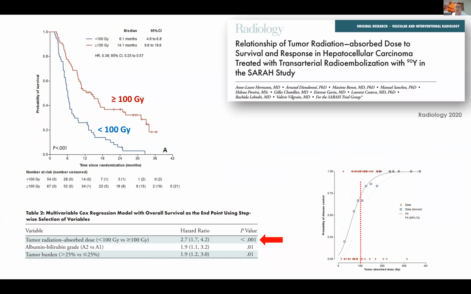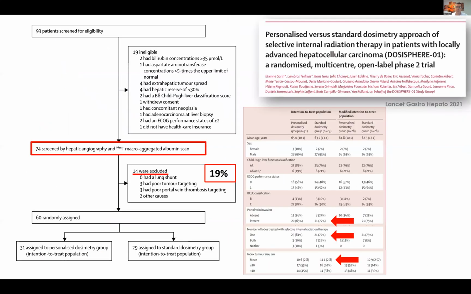So dose matters. And in France, we conducted this trial, published in Lancet Gastro last year, where we randomized patients between a personalized dosimetry, meaning dosimetry where we want to deliver an efficient dose to the tumor, versus standard dosimetry, meaning dosimetry used in all of these negative phase 3 trials.